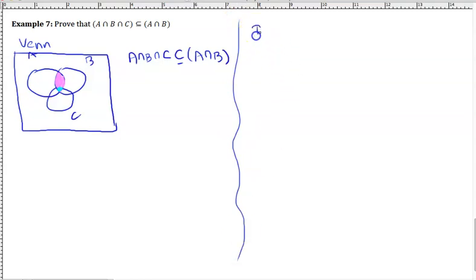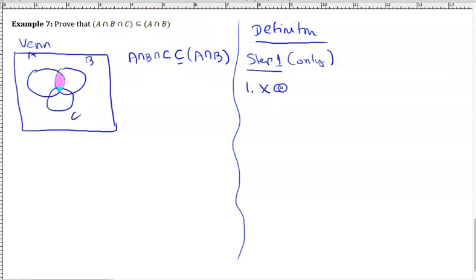Let's get another definition proof in here. Here we're not proving equality, we're just proving that the first one is a subset of the other. So there's only step one. We only need this one because we're just trying to show this is a subset of the second.